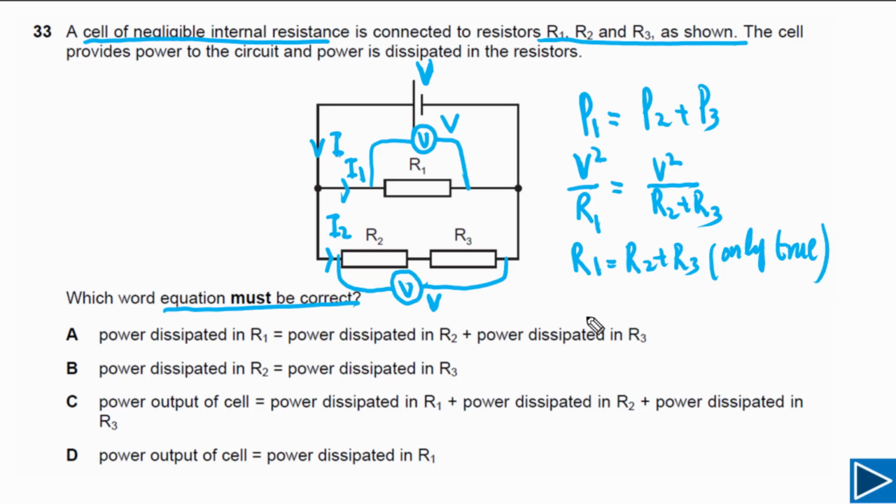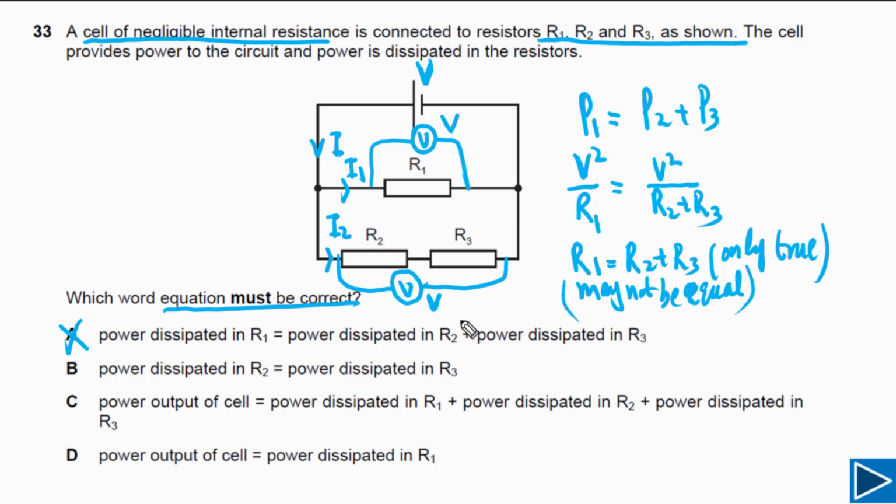But it is not given to us that they are equal. So they may not be equal, and if this is the case, then option A is not true. So option A is not correct.